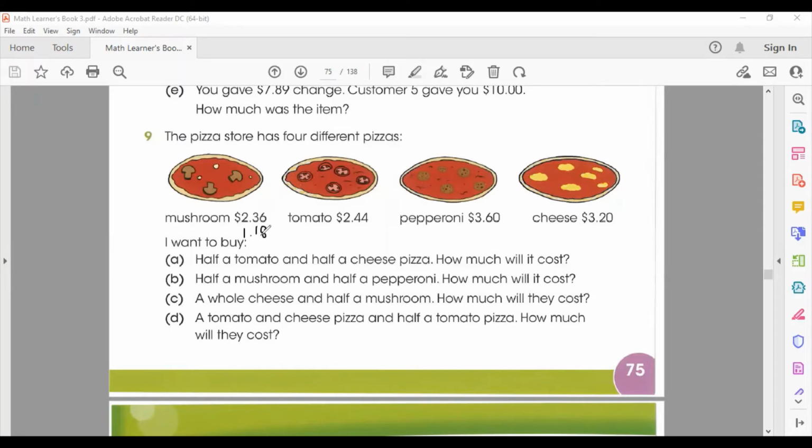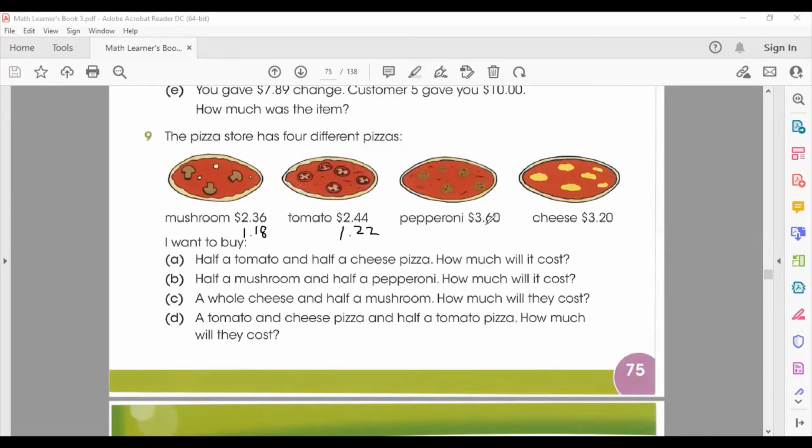After this, the next one is $2.44. Very easy, the half of 44 is 22, and the half of 2 is 1.